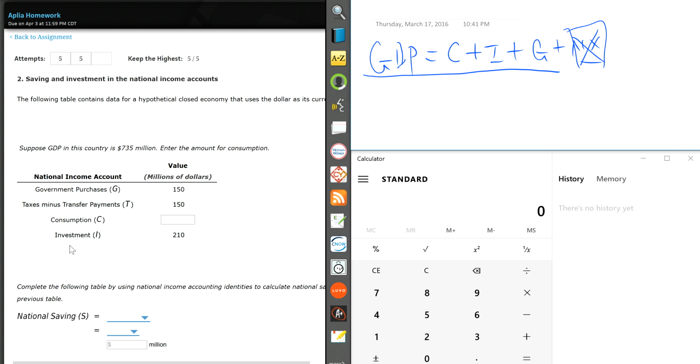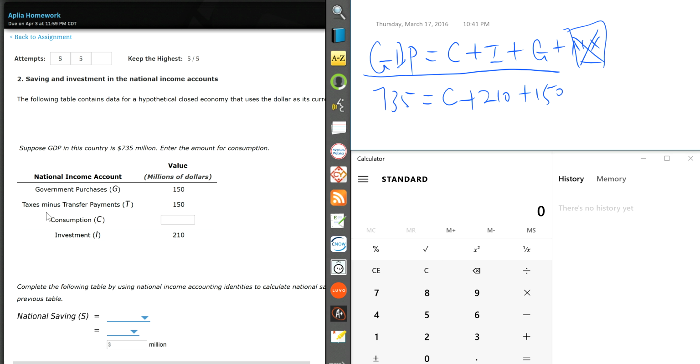All right, so let's look at the problem over here. The first part says suppose GDP in the country is at $735 million, find the amount for consumption. So we have 735 for GDP. We're looking for consumption. Our investment is 210. Government spending is 150.